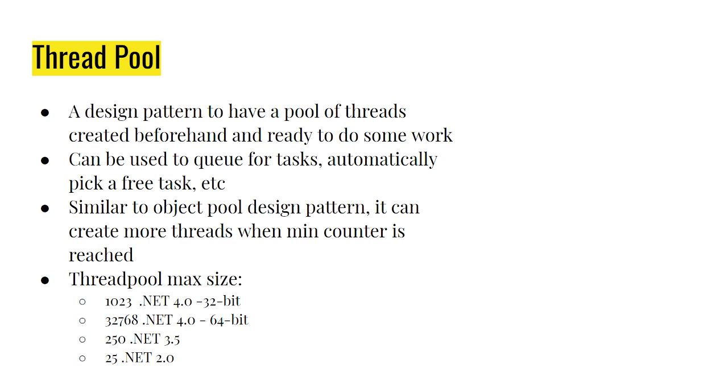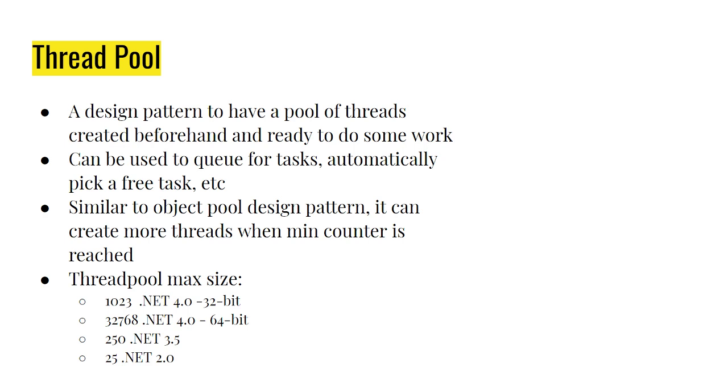With this, I should mention the thread pool. Basically, the thread pool is a place where .NET stores its threads. So if threads are outside the thread pool, when we create a new thread, it's not somehow magically appearing in the thread pool. It's a new, independent thread.